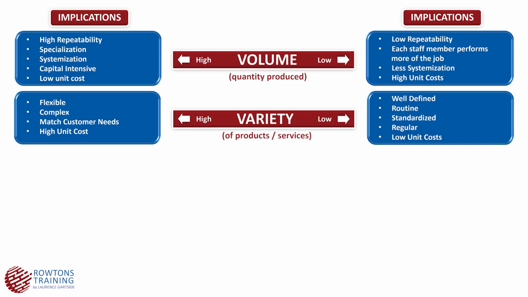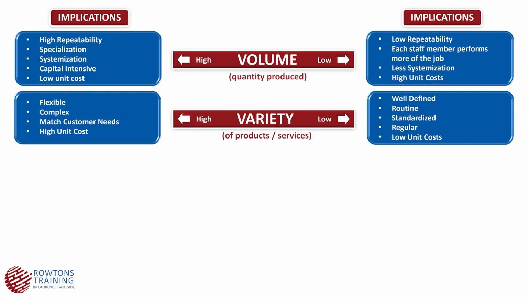Equipment and processes are more generalized, and the individual unit cost is usually much higher for high-variety businesses. Whilst able to offer a greater variety, it's challenging to compete on cost with businesses that make a smaller variety of products at higher volumes.